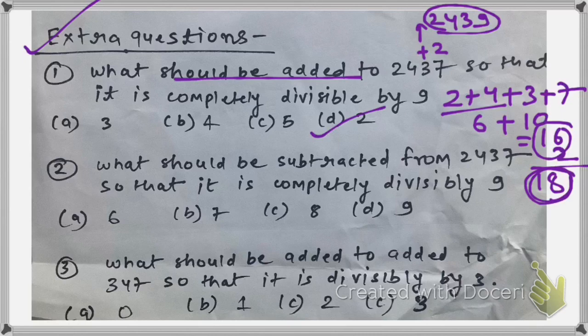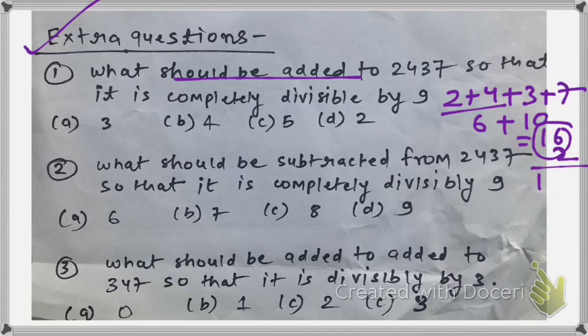Similarly, same question, what should be subtracted from 2437 so that this number is completely divisible by 9? You know that when we do the sum, it gives you 16, and what we need to do is subtract the lowest number. So when you subtract 7 from here, it will give you 9.